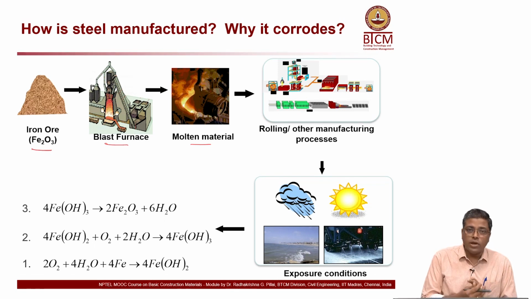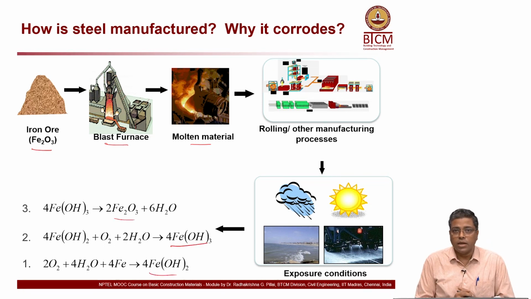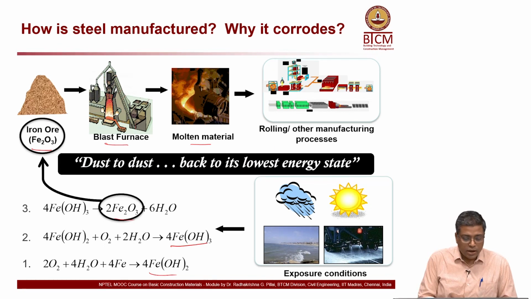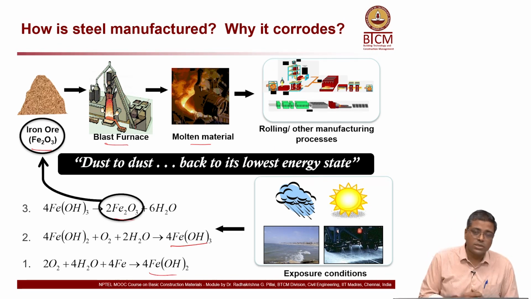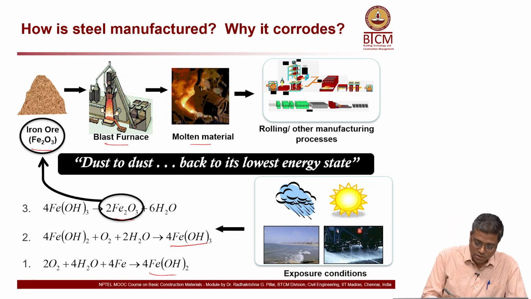So, if you look carefully at these equations here, these are the corrosion reactions. You will see that you have ferrous hydroxides and Fe2O3 forming, and that Fe2O3 is essentially the iron ore. Okay, the chemical or mineral structure is similar to that of the iron ore. So, there is even a definition that corrosion is nothing but extractive metallurgy in reverse.